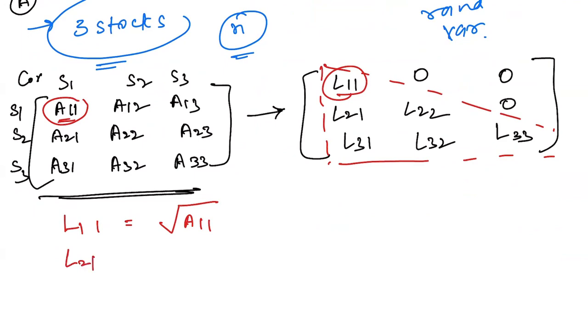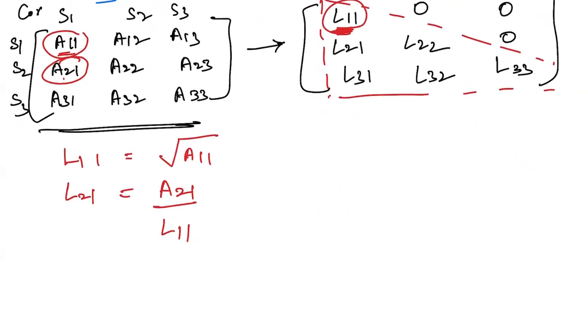Similarly, the L21 value is nothing but A21 divided by L11. You can get the value of A21 from the covariance matrix, and L11 is what we just calculated. Similarly, L22 is the square root of A22 minus L21 square.